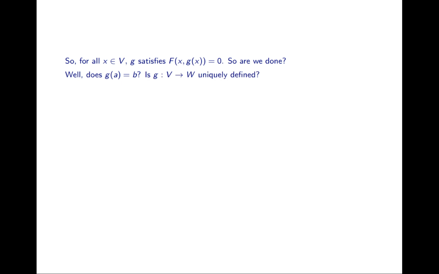Is the map defined by g from V to W uniquely defined? We know that H of (a, b), by definition, is (a, f(a, b)), meaning that (a, b) is equal to H inverse of (a, f(a, b)). f of (a, b) is 0.